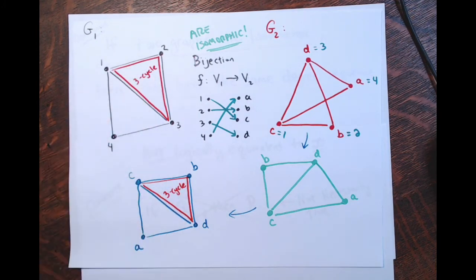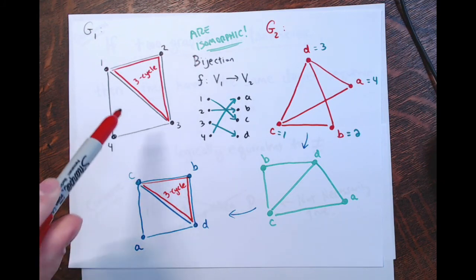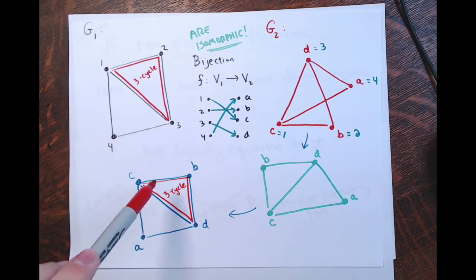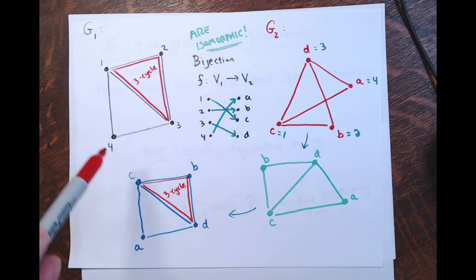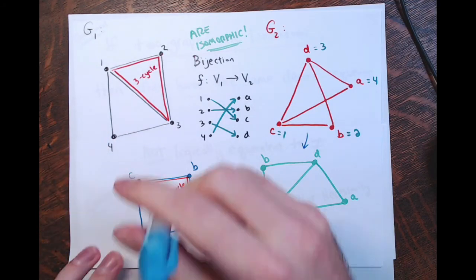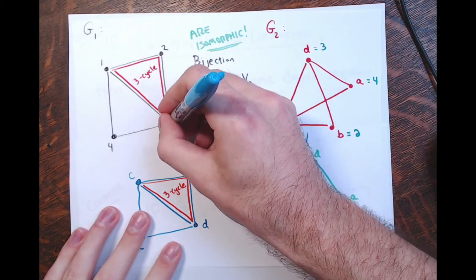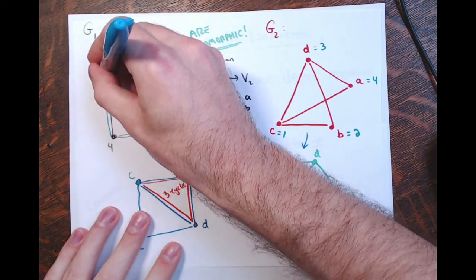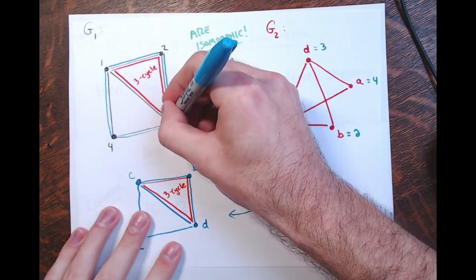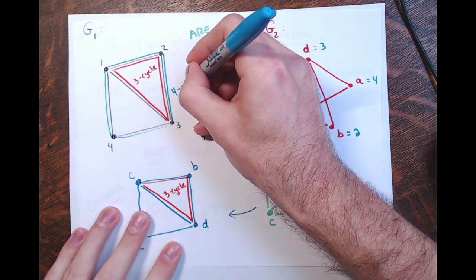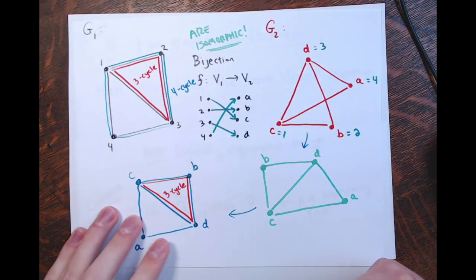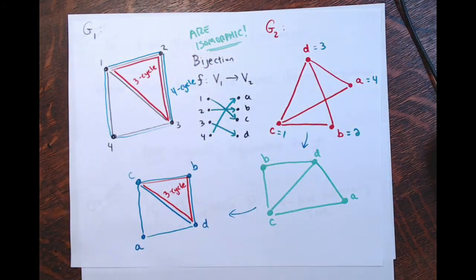So that's another thing, and this is actually discussed in one of the additional exercises. That's another thing that's preserved under isomorphism. The number of 3 cycles will be the same. The number of 4 cycles will also be the same. 1, 2, 3, and 4. If you look at this connection of edges, they form a 4 cycle, right? A little 4-sided shape. Their corresponding edges down here, right?